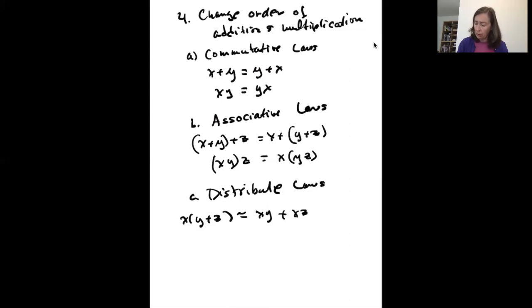Another way you could think about it here is if you have the sum (x plus y) times z, same story, that's the same as xz plus yz. Distributive laws are actually quite tricky. These are really valid, and you're going to use them over and over and over again with regard to adding and multiplying real numbers.